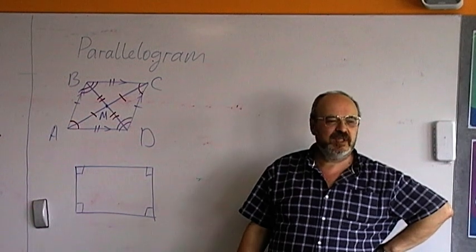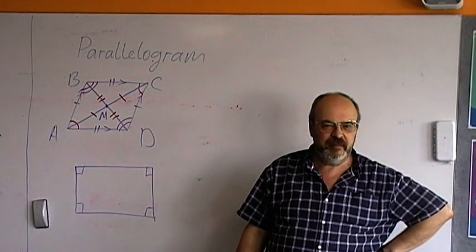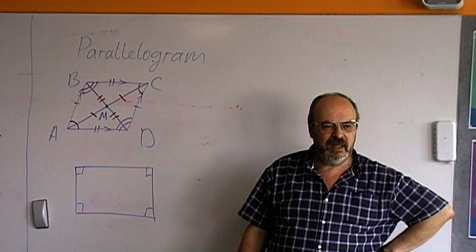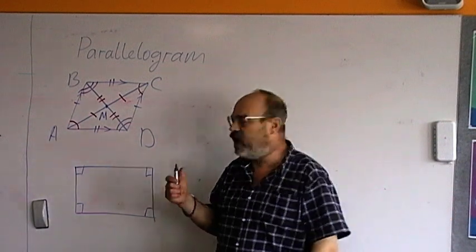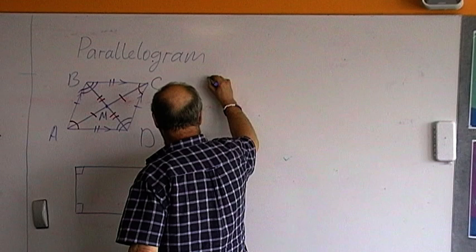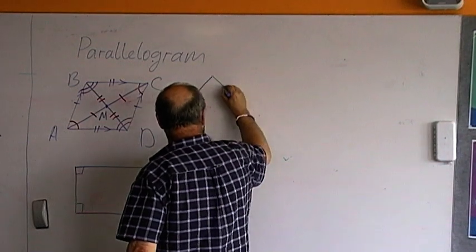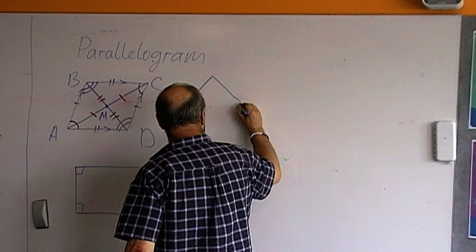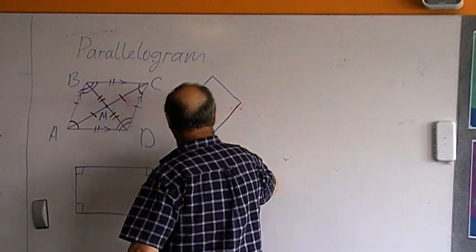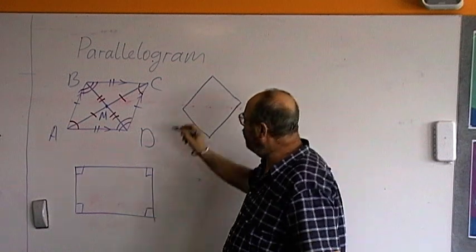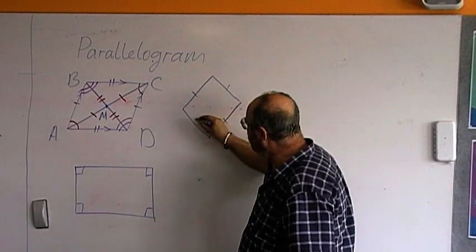Now, another special type of the parallelogram, if we make the condition that all sides of the parallelogram are equal. So opposite sides are parallel and equal, but now we say all sides are equal. That's a kite.